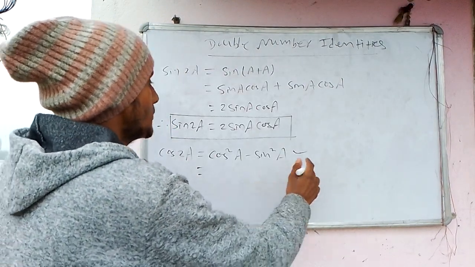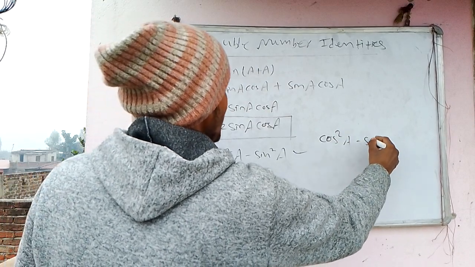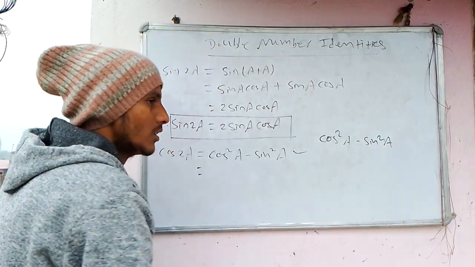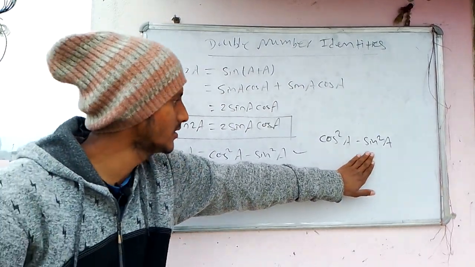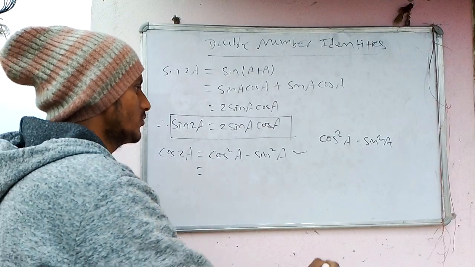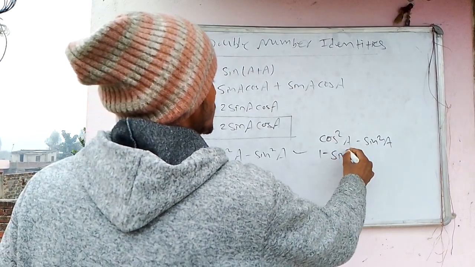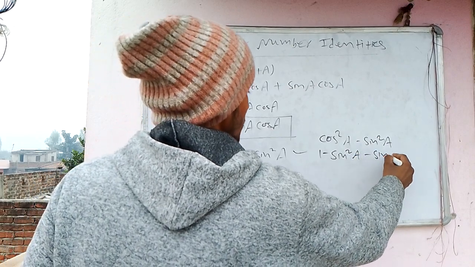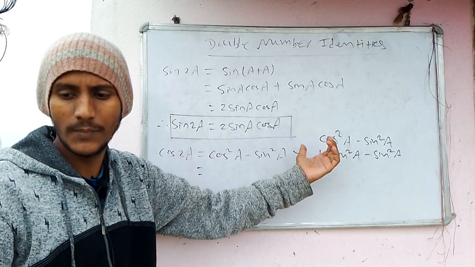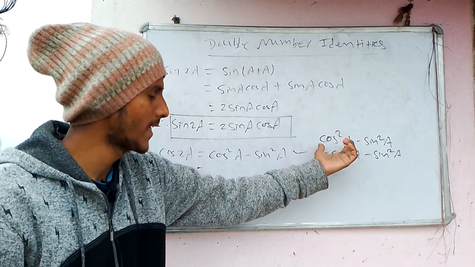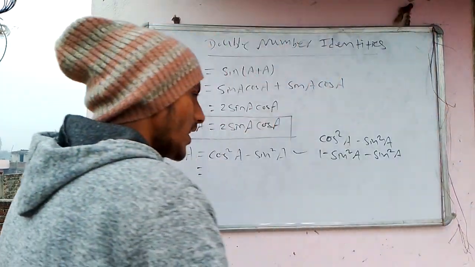One way is to write cosine squared A minus sine squared A in terms of sine only. Then this will be 1 minus sine squared A minus sine squared A. How do I do this? Because there is an identity, sine squared A plus cosine squared A is equal to 1, and from that you can find what cosine squared A is in terms of sine.